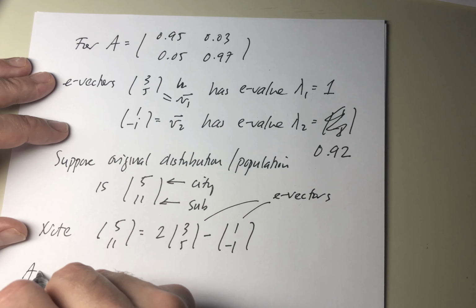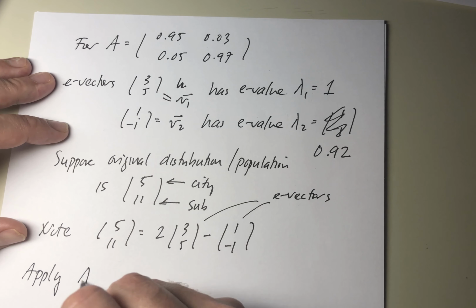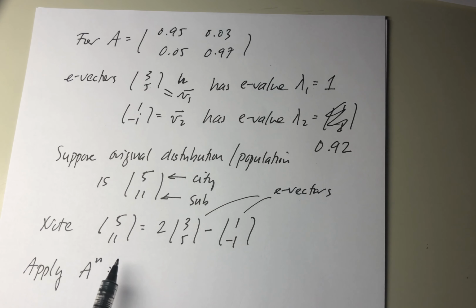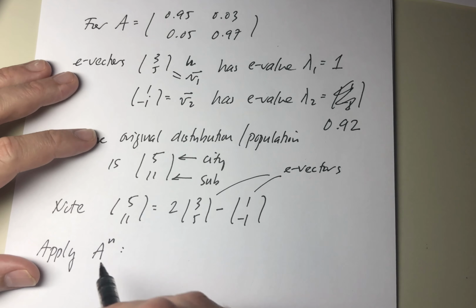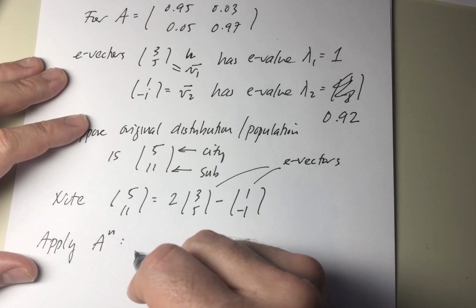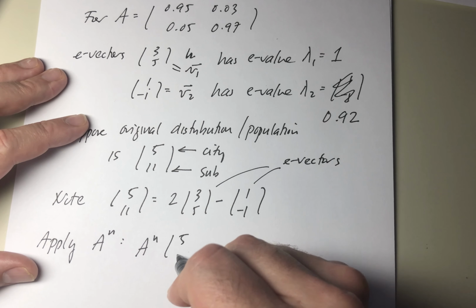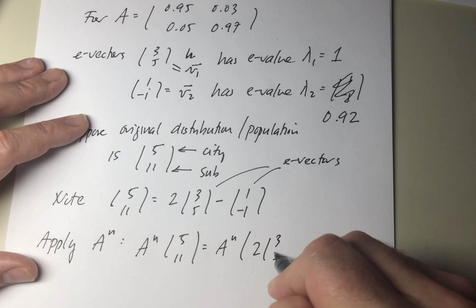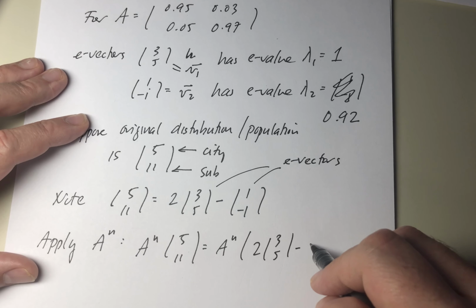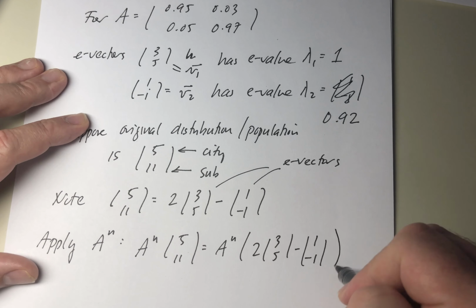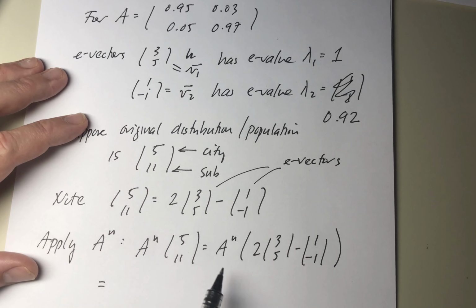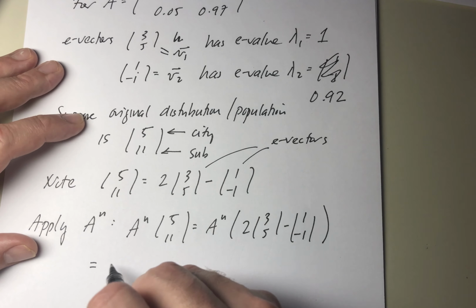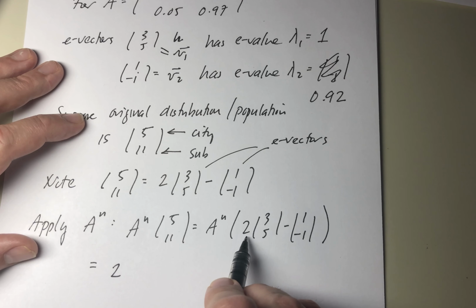So now apply the matrix A to the n to this, remember we want to know what's the long-term behavior. So what you get is A to the n times (5, 11) equals A to the n times [2 times (3, 5) minus (1, -1)]. Okay? Well, remember, A to the n is just a matrix. It distributes over a sum, and this coefficient 2 can be brought out.